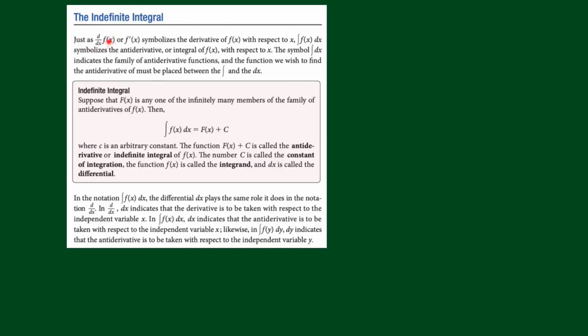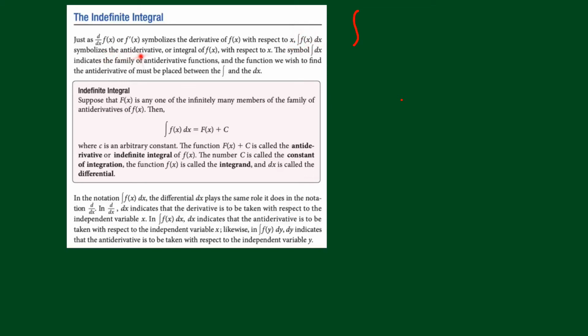So starting here at the top, just as the derivative d/dx of f of x, or f prime, symbolizes the derivative of f with respect to x, we're going to use this symbol right here. It looks like a big lazy S. It's called the integral of f of x dx.